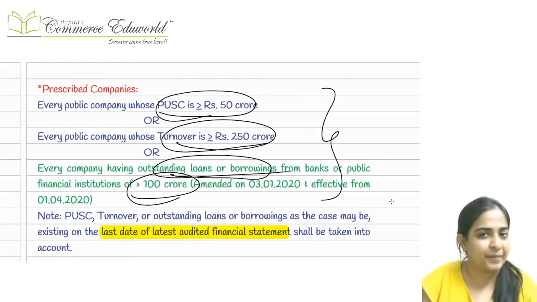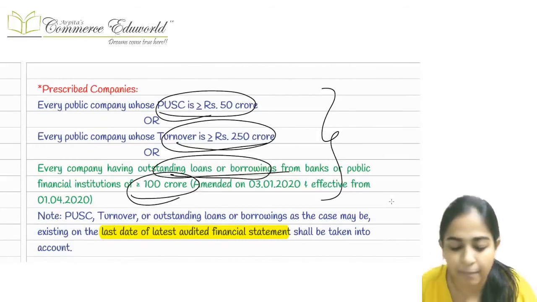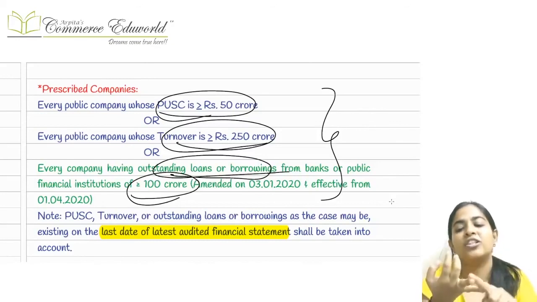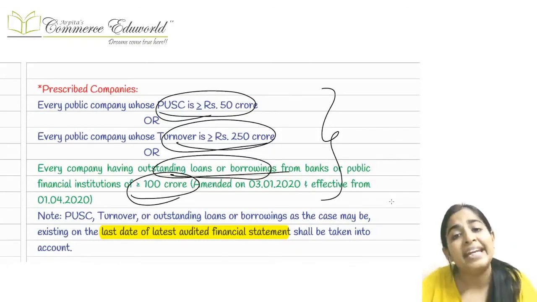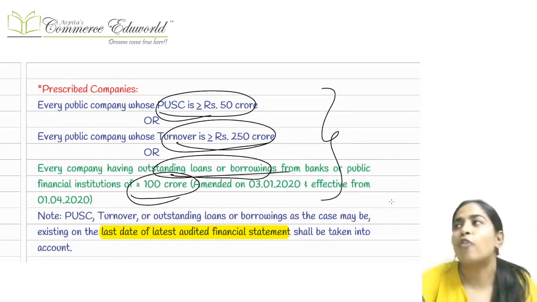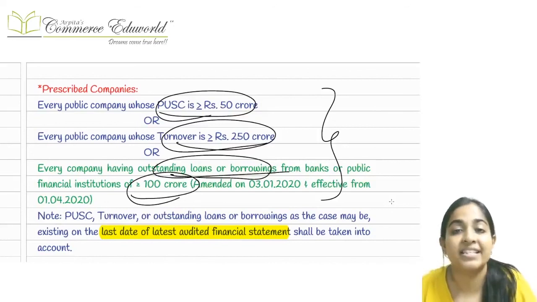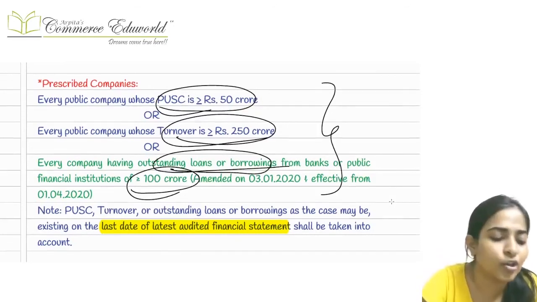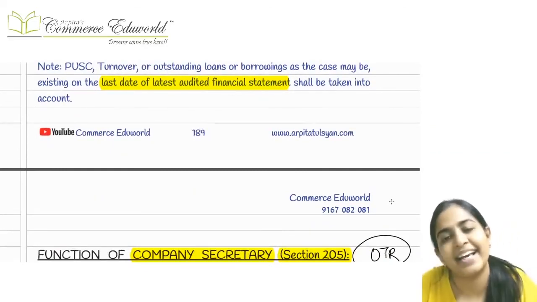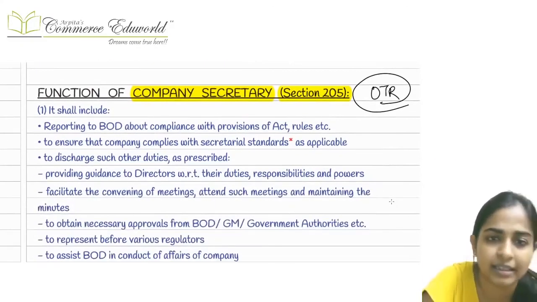Then in the case of other public companies, unlisted companies, if its paid up share capital is at least rupees 50 crore, or its turnover is at least rupees 250 crore, or any other company whose outstanding loans, borrowings, etc. from banks and PFI is at least rupees 100 crore, then even such a company is required to get a secretarial audit done from a company secretary in practice in form number MR3. Means the report will be submitted in form number MR3.